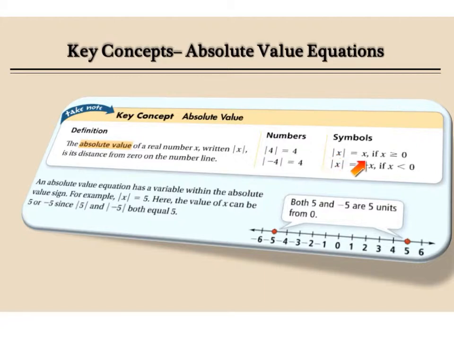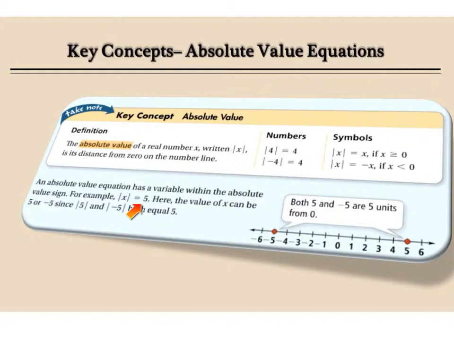And if this was 4, the symbol is: the absolute value of x equals x if x is greater than or equal to 0, and equals negative x if x is less than 0. So, an absolute value equation has a variable within the absolute value sign. For example, the absolute value of x equals 5.